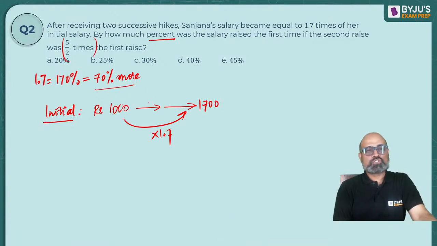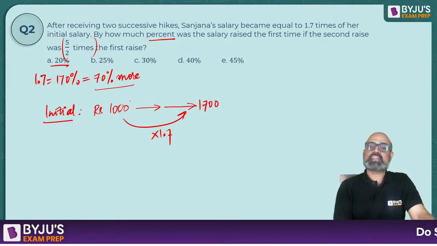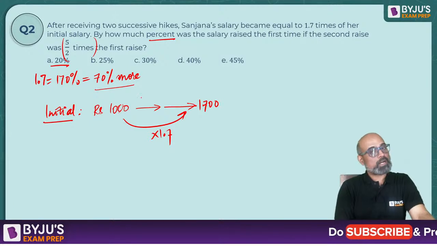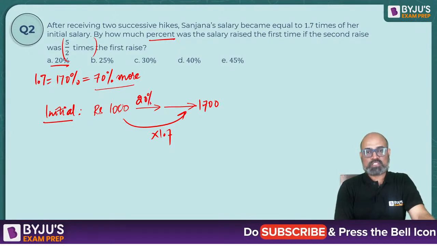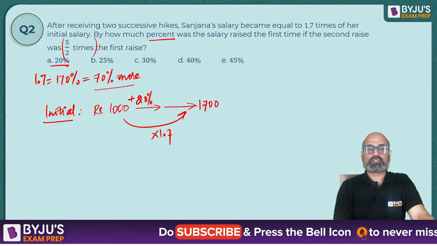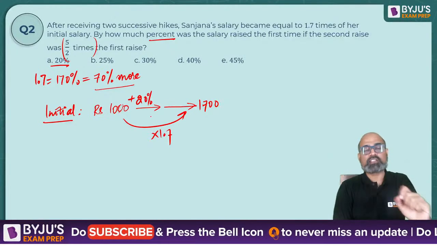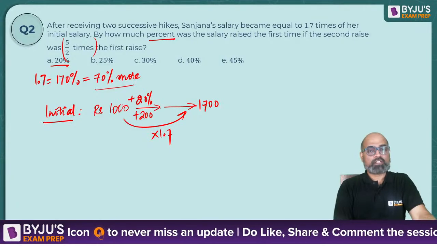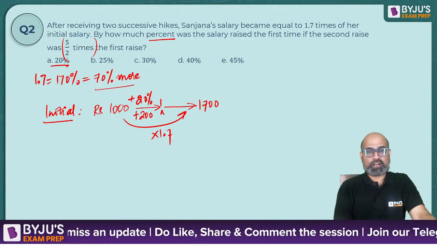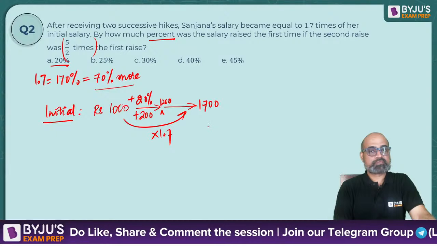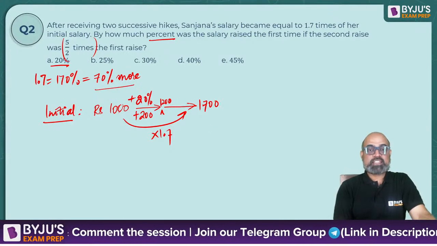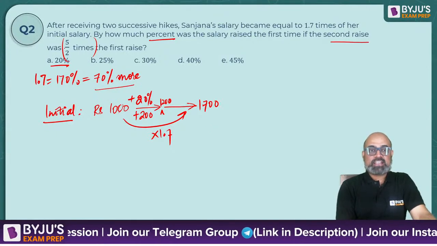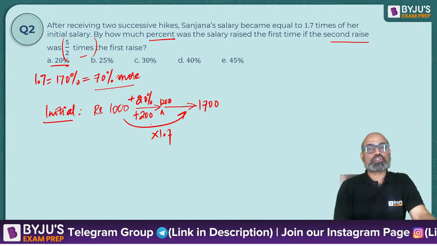Let's do one thing. Let's use options. First option says 20%. So let's increase. Suppose this increased by 20%. 20% increase means how much increase? 200 increase. Now this value becomes 1200. Now it is given that the second raise was 5 by 2 times of the previous raise.